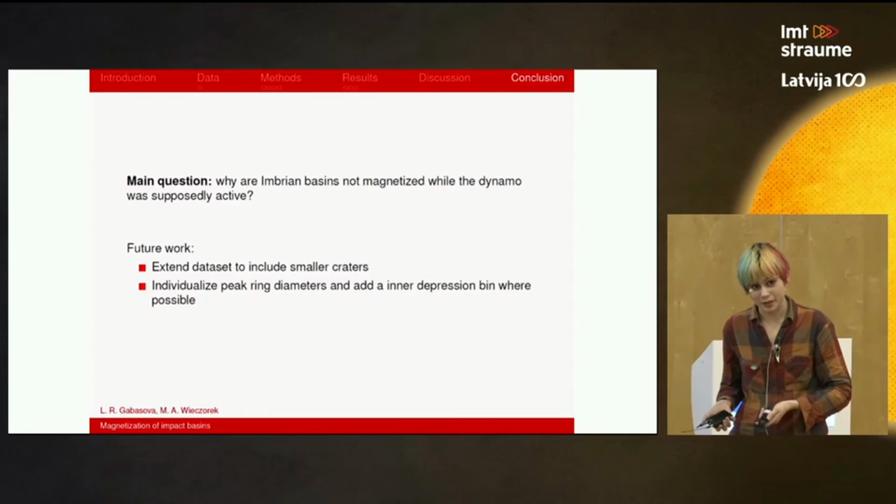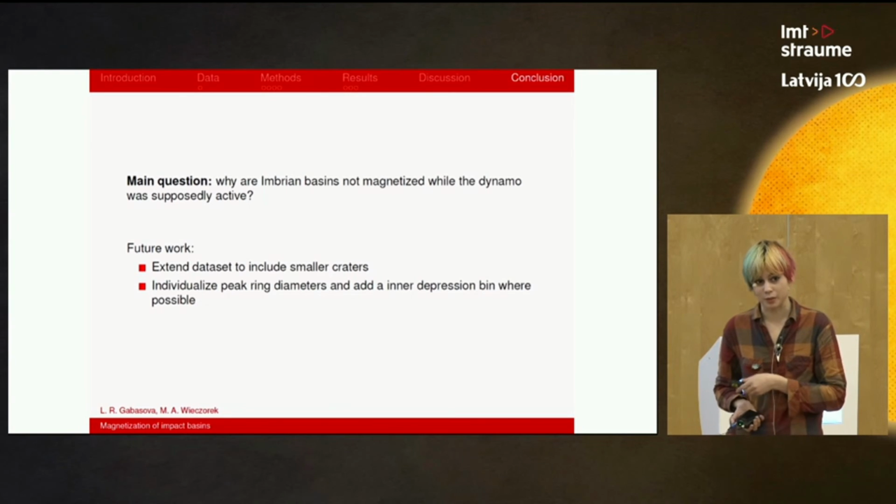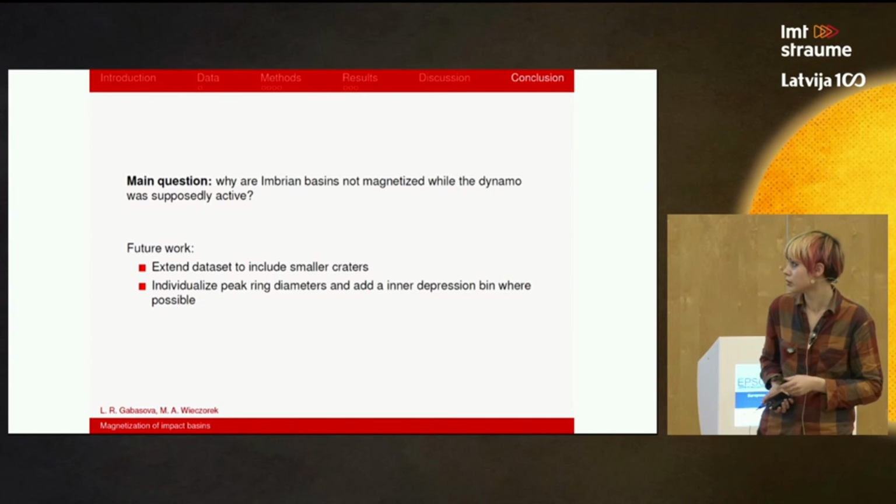Well, this is just something I can speculate on because we don't really know. And so to sum up, the main question that is brought up is why this thing is happening. Why do we have only demagnetized Imbrian basins when there was supposed to be really high activity in the dynamo?